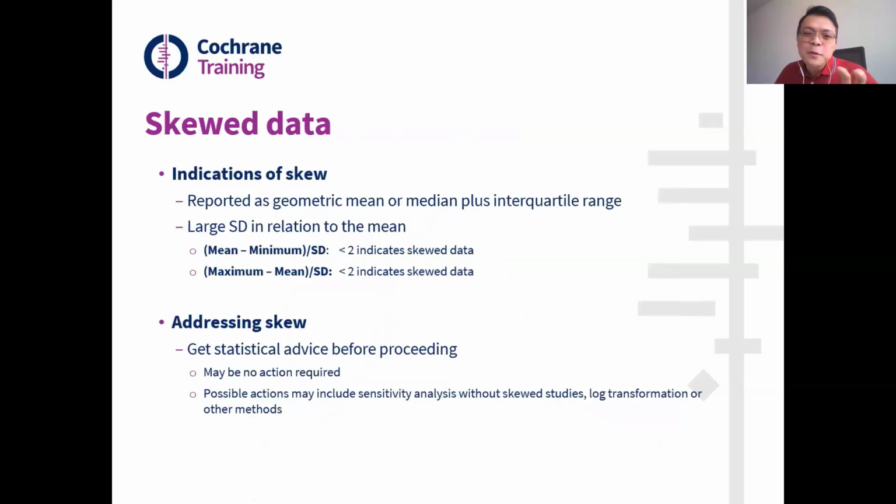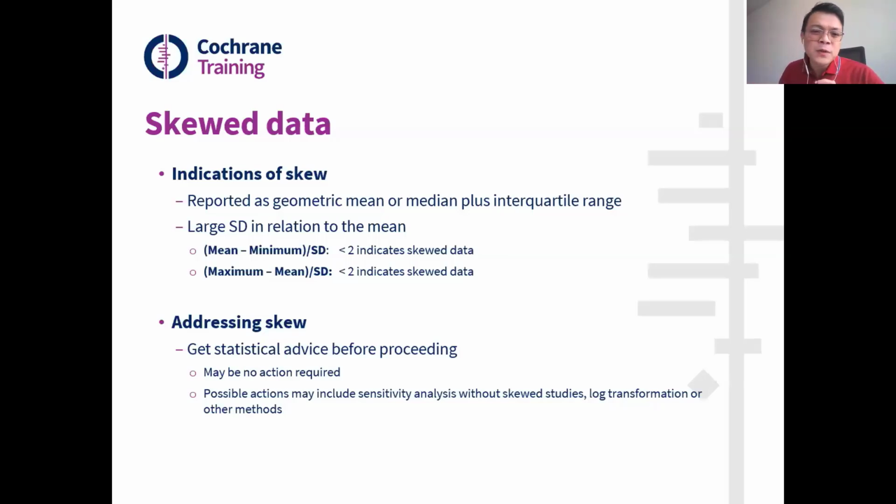So you really have to watch out for skewed data, and you might suspect skewness if, for example, studies report the median or interquartile range rather than the mean and SD, or sometimes you would see log transformations, or they report the geometric mean. That gives you some indication that the data is probably not normal.